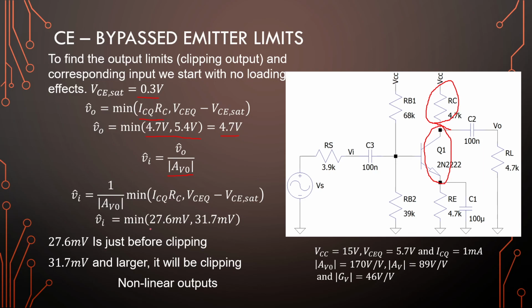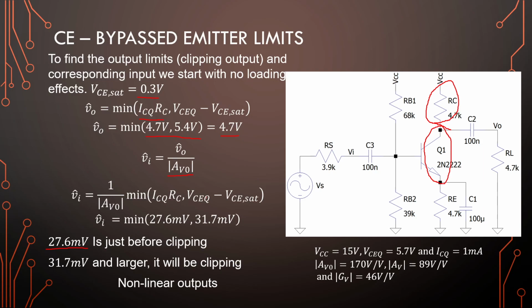And we find that we have an input of 27.6 millivolts and 31.7 millivolts. If we insert 27.6 millivolts, we will be non-linear but on the edge of clipping. At 31.7 we will already be clipping, and with larger values both sides will start to clip.